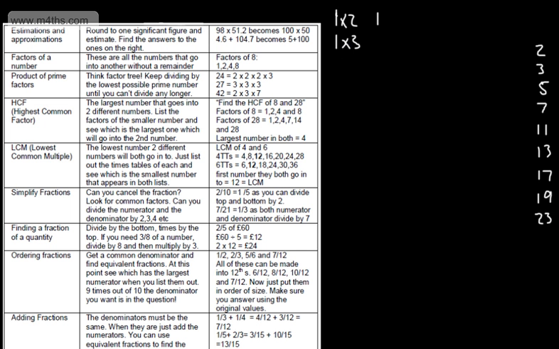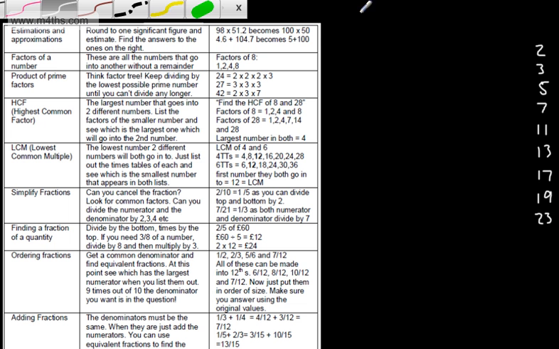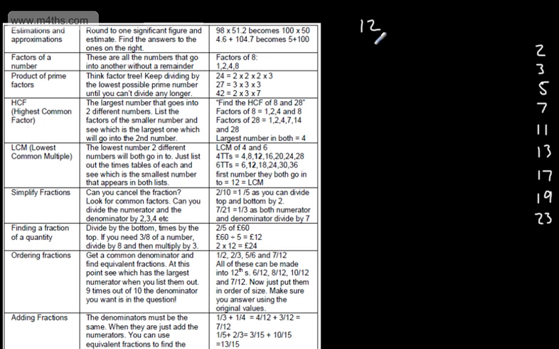So what we're going to look at then is product of prime factors. I'm going to take the number 12 and write it as a product of its prime factors. My first question is, can I divide it by the first prime number, 2? The answer is yes. That's going to leave me with 6. Can I divide 6 by 2?